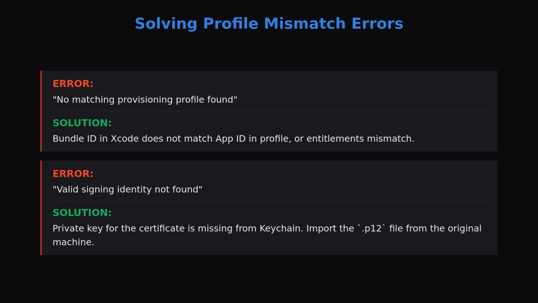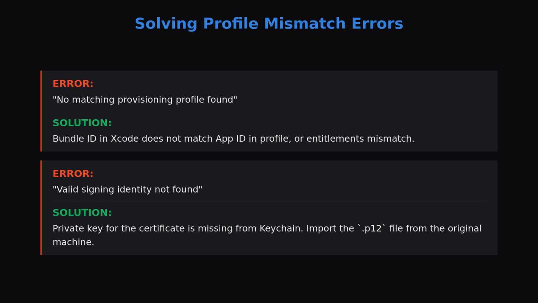The error "Valid signing identity not found" means the private key corresponding to the certificate is missing from the local Keychain Access. Resolve this by exporting the developer certificate and private key from the original machine as a .p12 file and importing it onto the current machine.